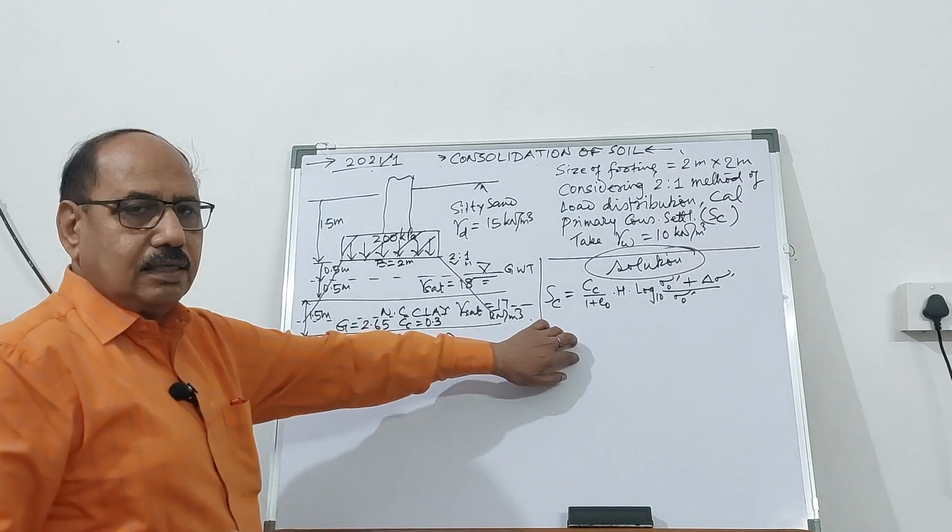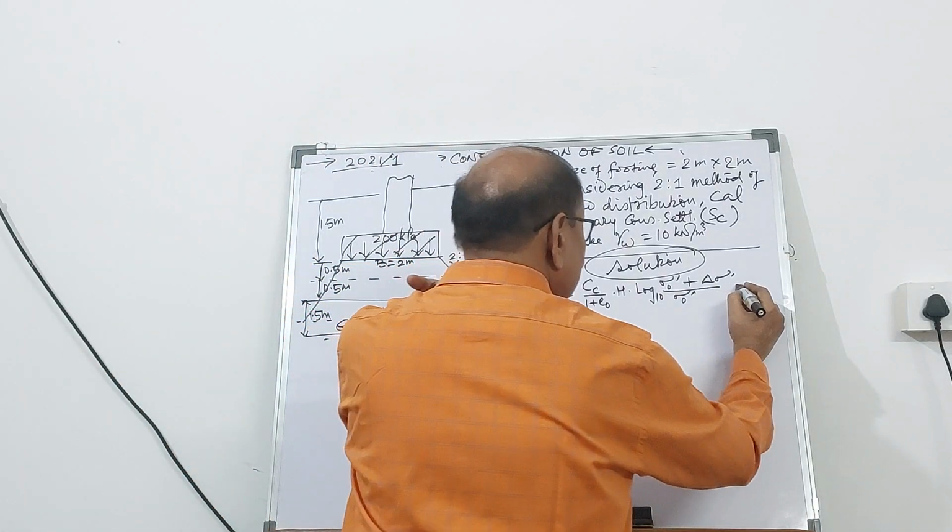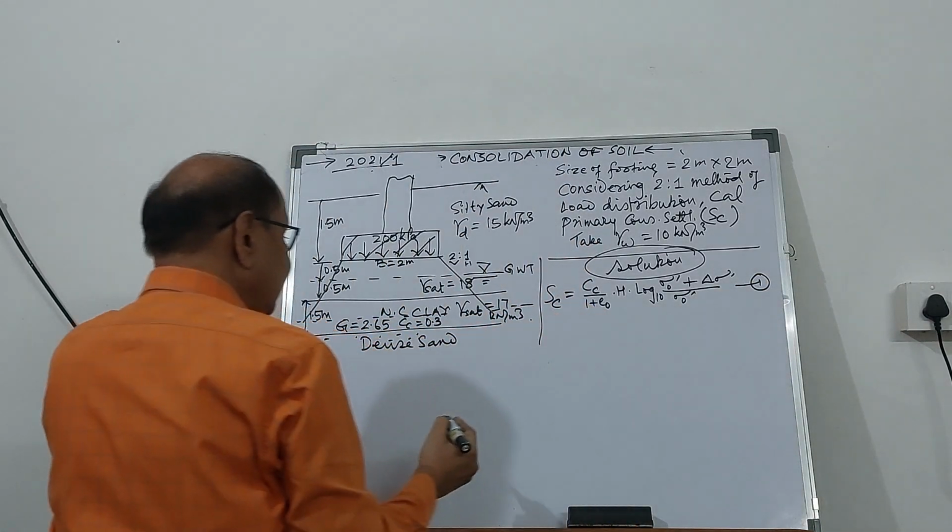This is the formula for primary consolidation settlement. So this you will have to use. Now Cc is already given.